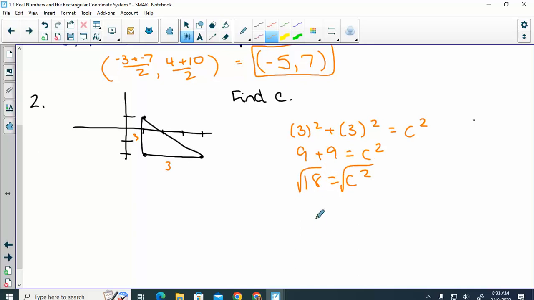Square root of 18, how would you break that down? 3, 9 and 2. So 3 radical 2. Same thing you would have gotten if you did Pythagorean or distance formula for those 2 points. All right, is all this okay? There is a short Math Excel assignment open.